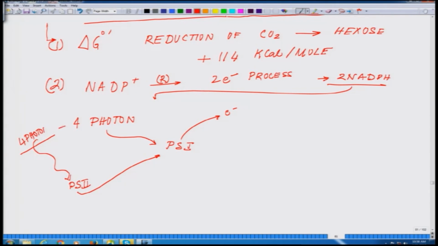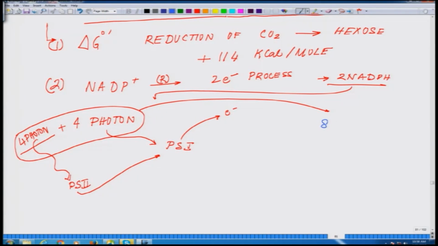Hence the sum total of photons needed, if you add these two, is 8 photons. This is the energy expenditure in terms of photons.